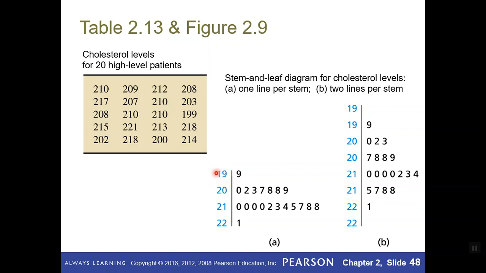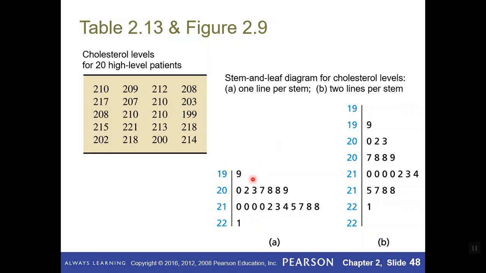This 19 means 190 values. 20 means 200 values. 20 means values belonging to 200, 201, 203, 205, something like that. Again you have to keep ascending order on the leaf side. Leaves are always in ascending order. It doesn't matter how many zeros you have, ascending order.